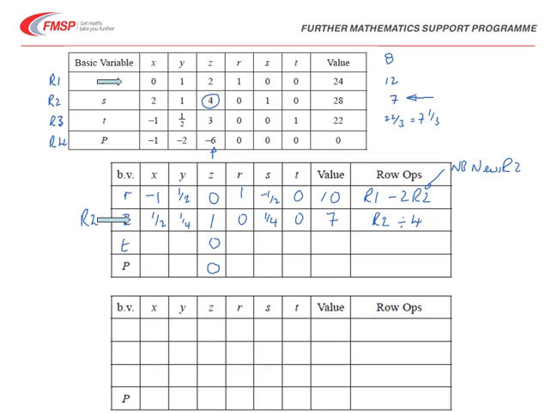Now looking at the third row, we can see that the element in the third row is equal to 3. So we're going to have to do a similar sort of thing with this row. So now we're going to do row 3 minus 3 lots of row 2.